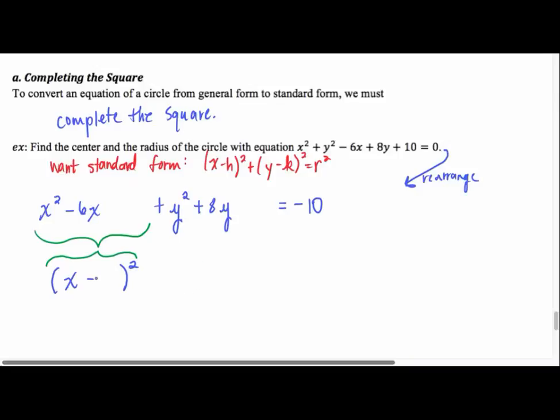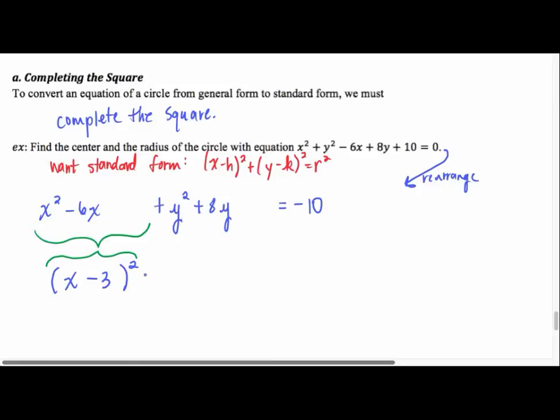Okay, if we put minus 3 there, then when you square it out, let's just do this on the board, x minus 3 squared equals x minus 3 times x minus 3. So when we FOIL this, we're going to get x squared minus 6x plus 9. But I don't have a plus 9 over here, do I?